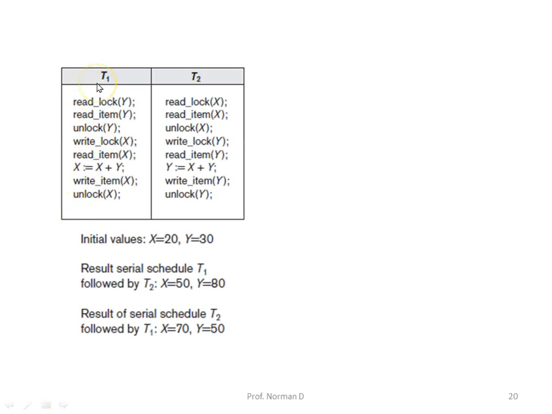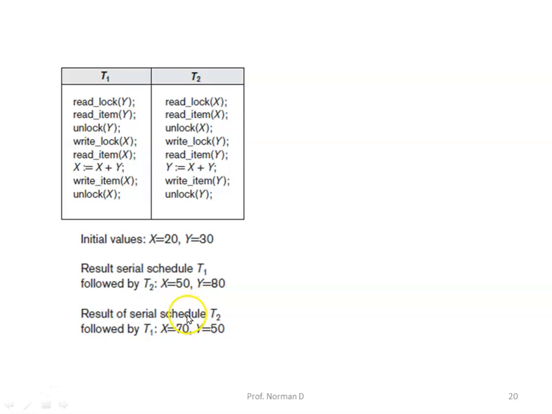Now here we have an example, transaction T1 and transaction T2. Now if we convert this into a serial schedule, assuming that the value of X is 20 initially, Y is 30 initially, and we execute T1 first and T2 later, then the value of X is 50 and Y is 80.